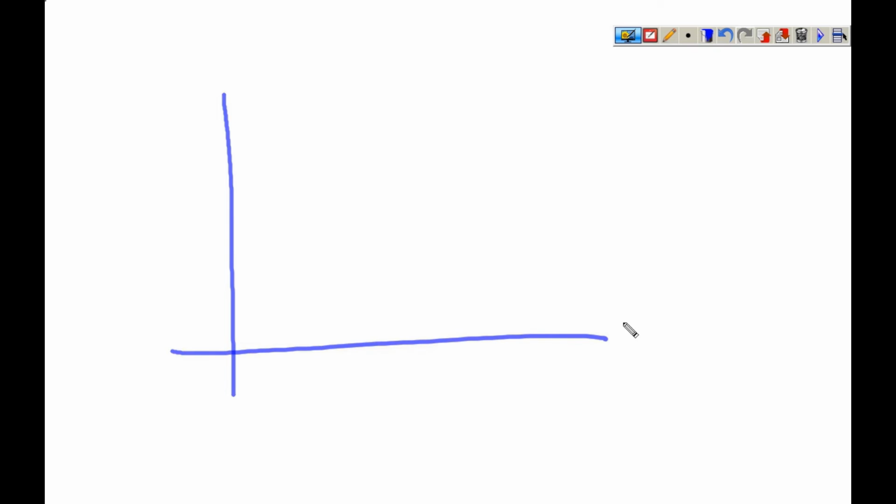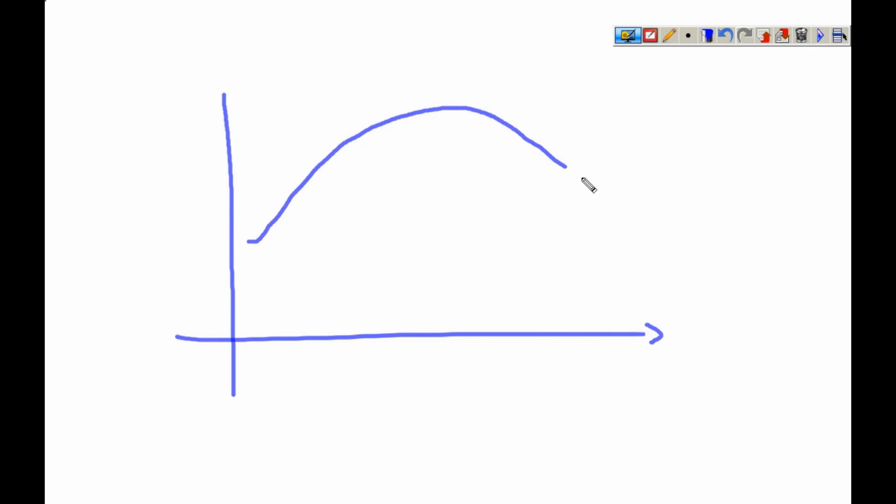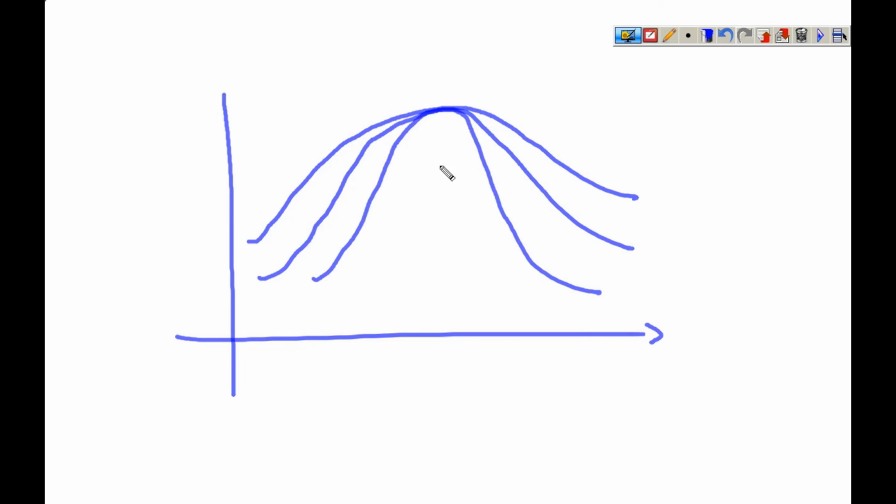Let's make it. We have the x-axis. Let's say h of x looks something like this, going like this, and then we have g of x, touching here, and then f of x. Notice that all of these functions are touching at this point.